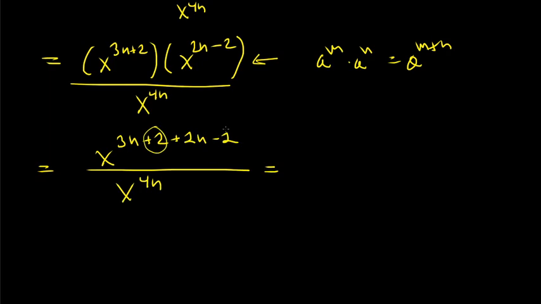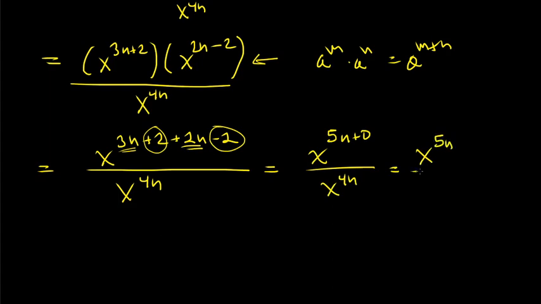Well, right, 2 minus 2 is 0, and 3n plus 2n is 5n. So the exponent of x in the numerator is 5n plus 0. Right, but 5n plus 0 is just 5n. Right, so now we're down to x to the 5n divided by x to the 4n.